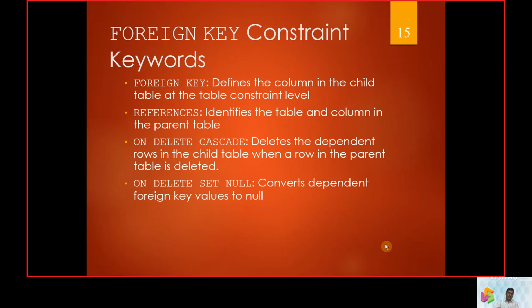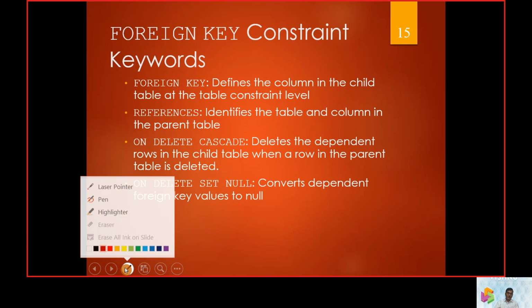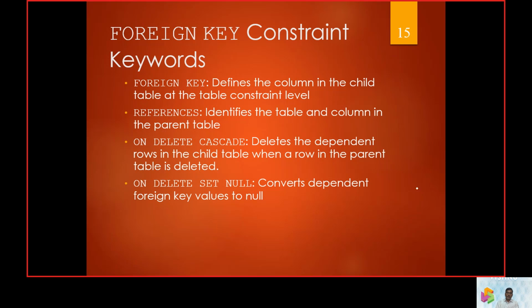When we work with the foreign key, because we take one table and we link it to another table, suppose if one table is dropped, will it affect the other? Yeah, it affects the other. That is what we call on delete cascade.